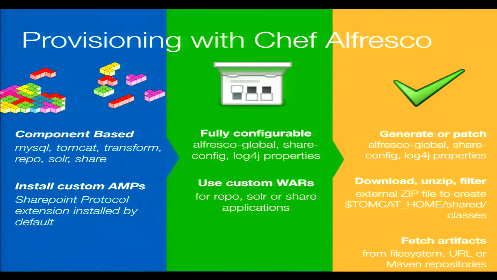You will add the MySQL component, Tomcat, Transform, Repo, Solr, and Share, which basically map to the web applications which compose the Alfresco architecture. We always wanted to be extensible in terms of Alfresco extensibility, which means AMP. We wanted to use the custom wars delivered by our friend Dev. So we had to implement within Chef Alfresco an extremely configurable approach, and also, in some way, feature-rich.